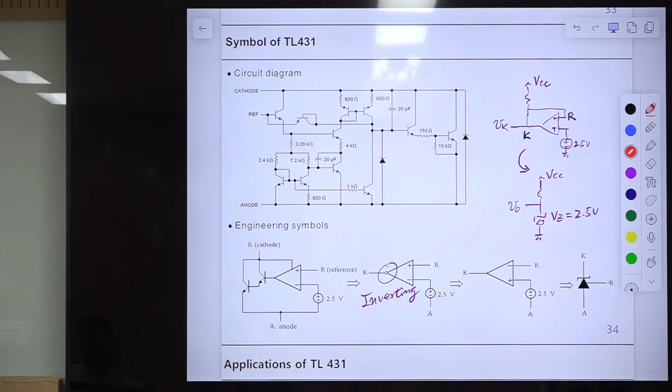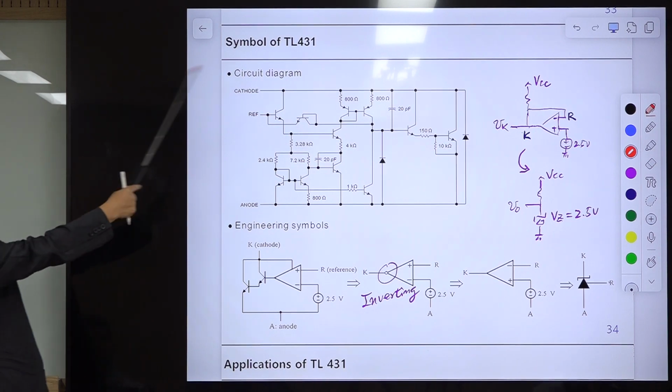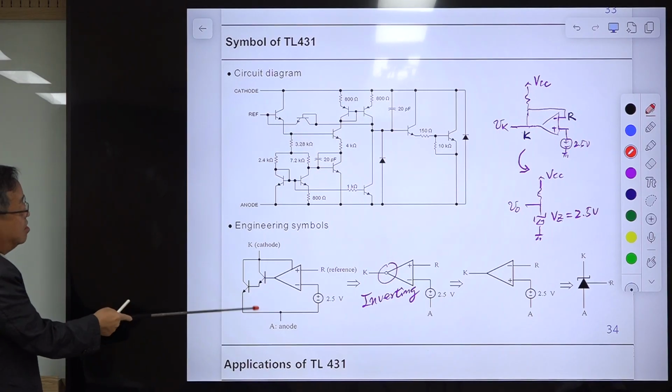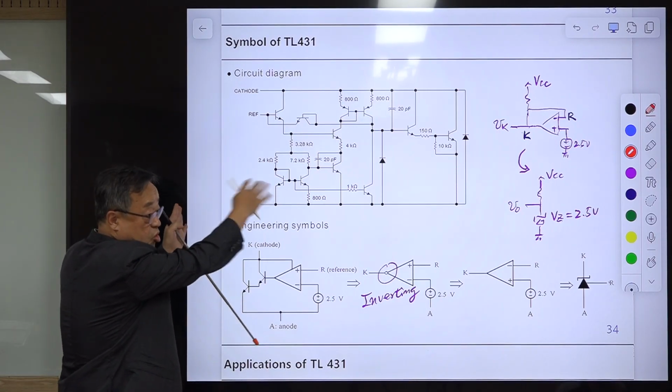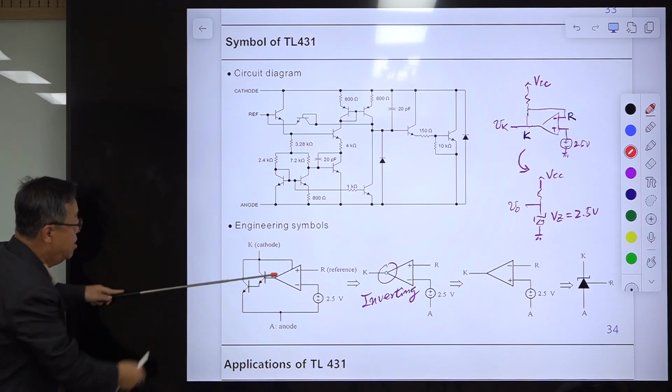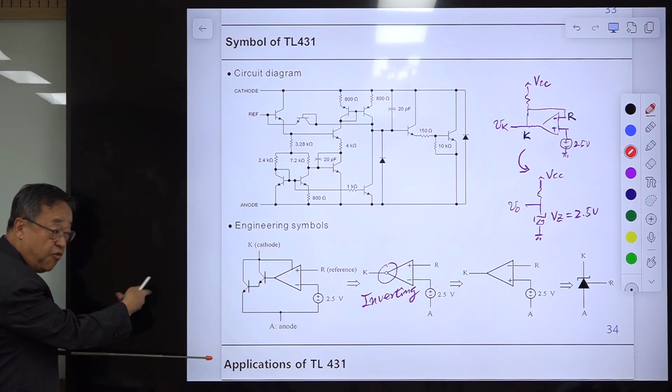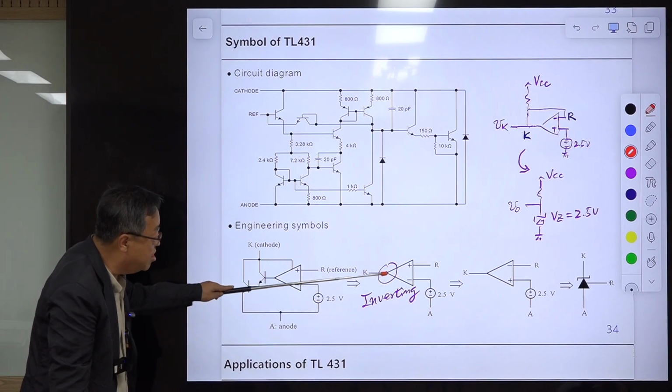Symbol of TL431. Okay, so this one is the exact circuit diagram, and this is the symbol I am using. So I flipped this horizontally. Okay, then there is an inverting function. So I used this inverting function.